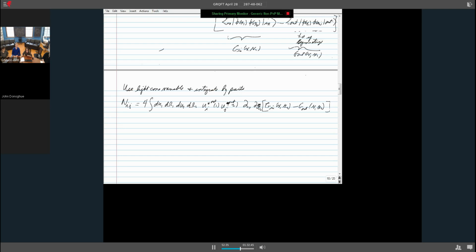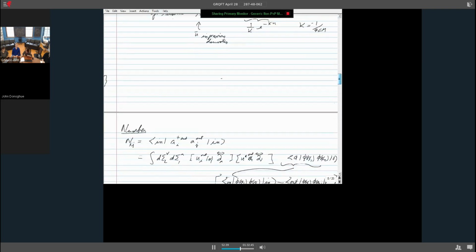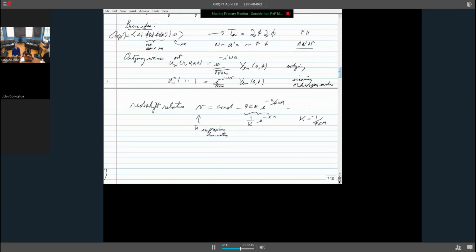U star out 1, U star, no star on that guy, out 2. And then I have du1, d by du2 acting on this Green's function in minus out.